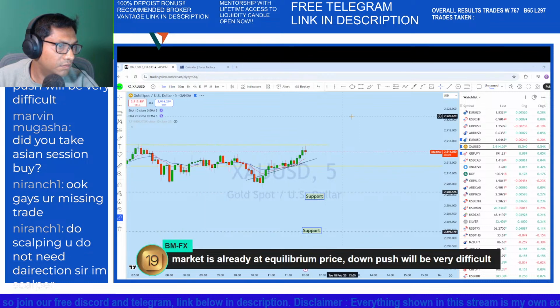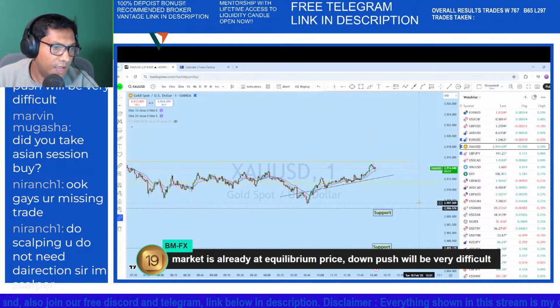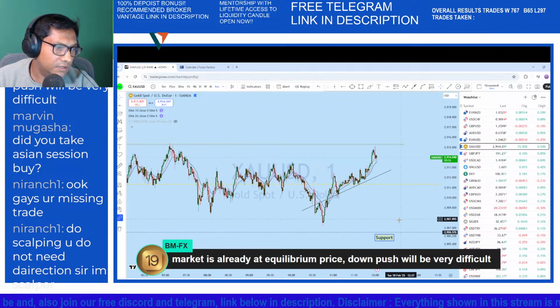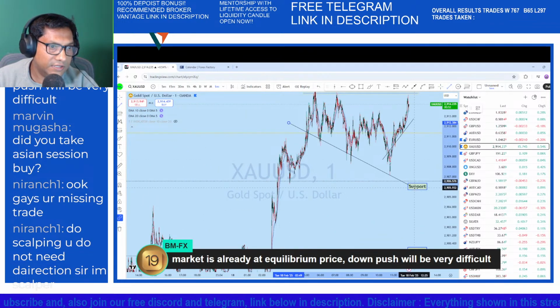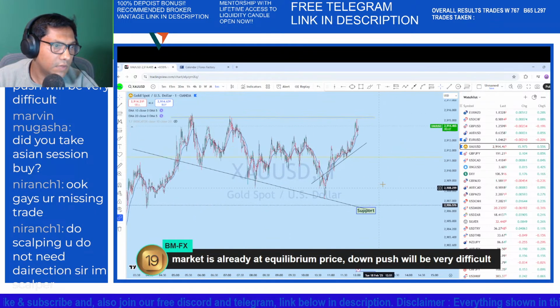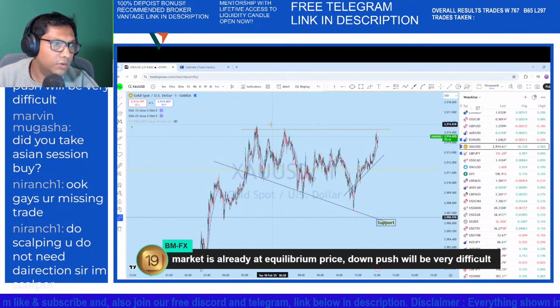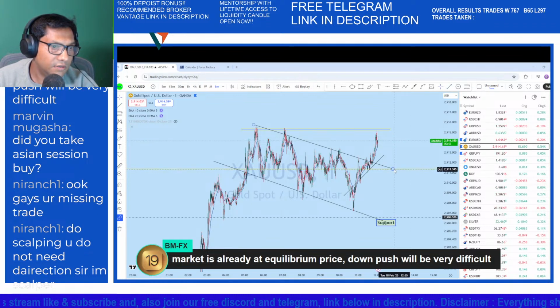So dropping down to the 1 minute chart here, and waiting for the market to show its hand. Okay, now another important level, which is also the resistance line.